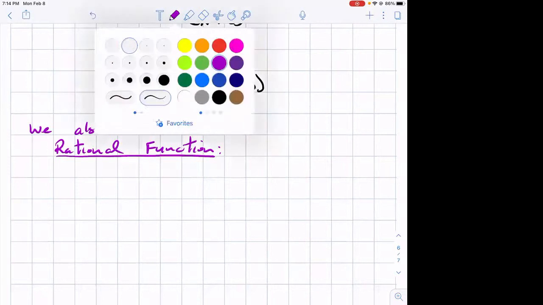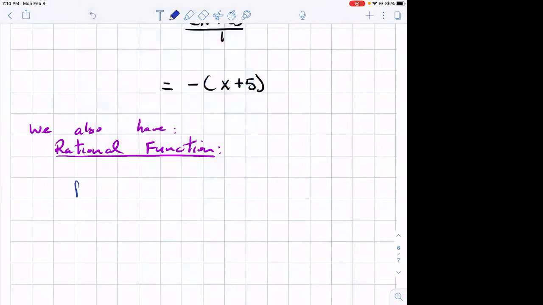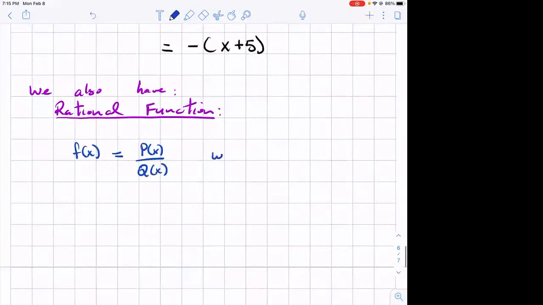So functions are generally written as f of x, g of x, meaning function of x, okay? F of x means f is a function of x, and that is equal to p of x over q of x, where p of x and q of x are polynomials, okay?